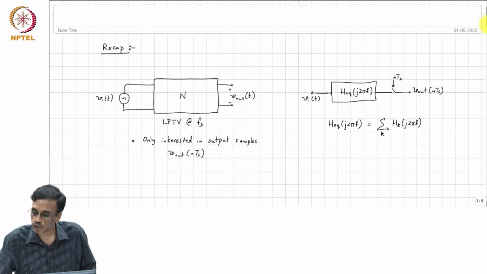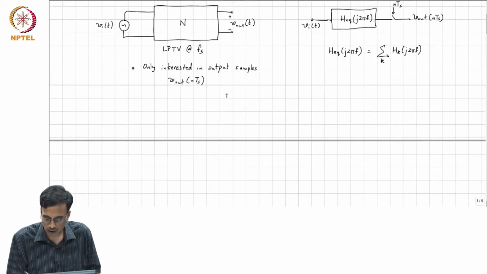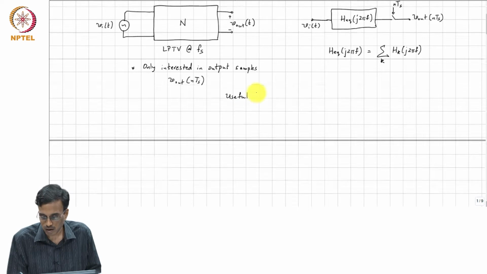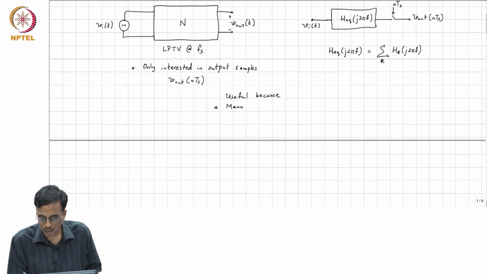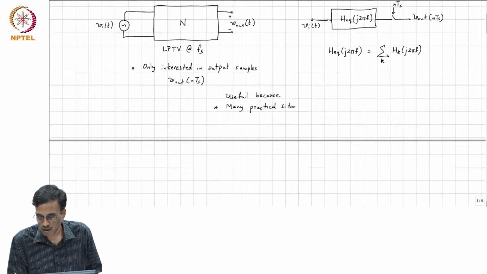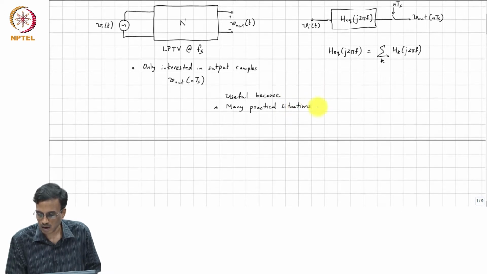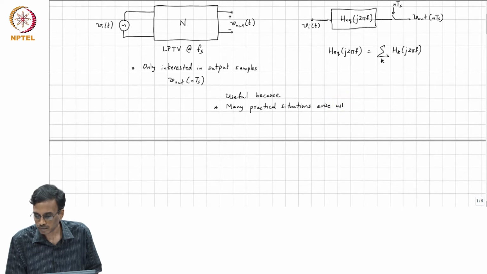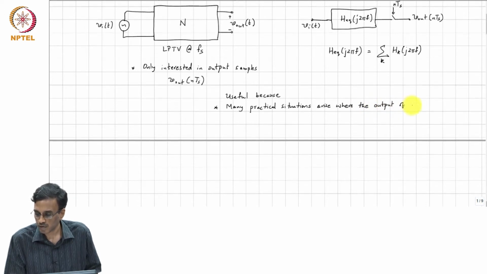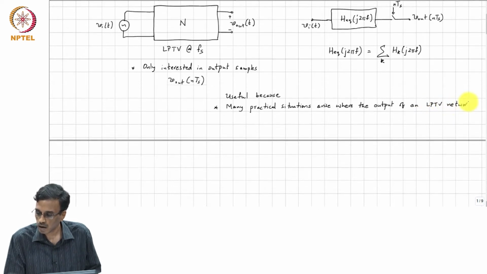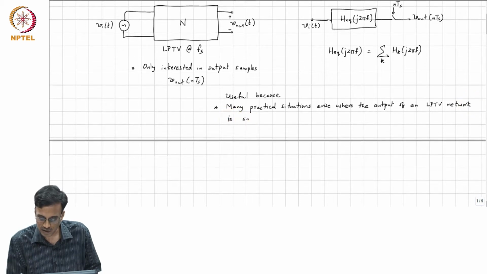So, why is this a useful result? Well, useful because many practical situations arise where the output of an LPTV network is sampled, and we saw several cases yesterday.